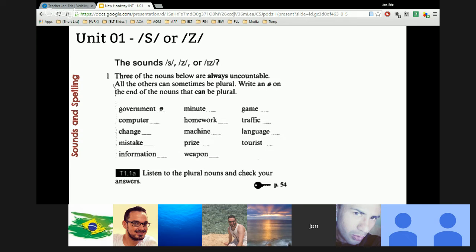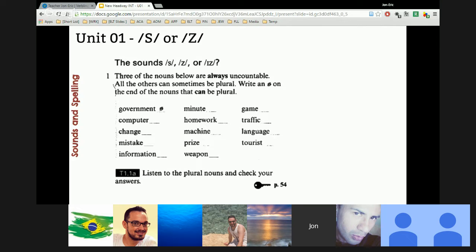Mr. Jose, the fourth word in the first column. Can it be plural? Jose! I don't hear Jose. He's not connected. Uh-oh. Let's go to Mr. Mahmoud. The fourth word in the first column. Can it be plural? Yes, mistakes.